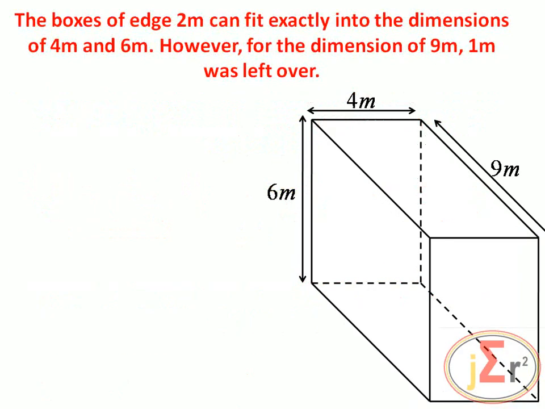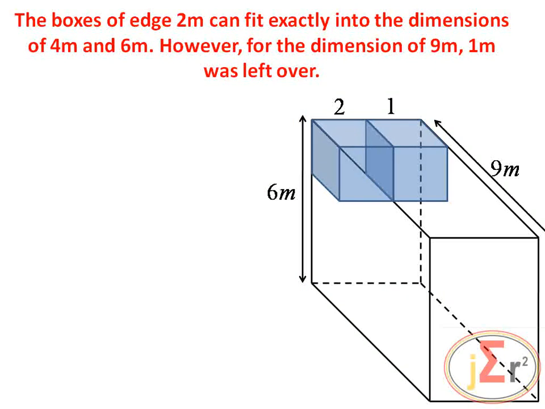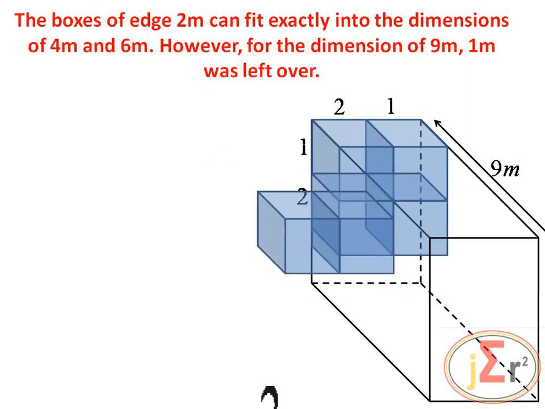The boxes of edge 2 meter can fit exactly into the dimensions of 4 and 6 as we saw before. However, for the dimension of 9, 1 meter was left over. Fit exactly 2 meters, the size of each edge.